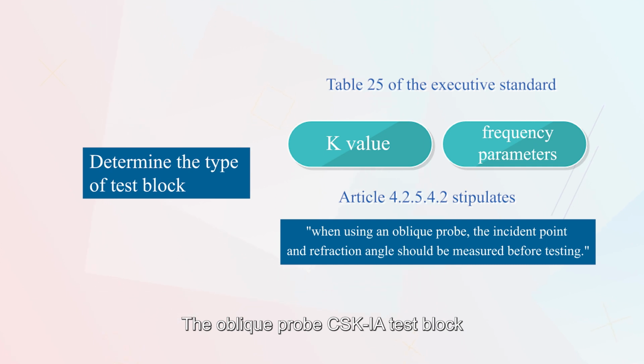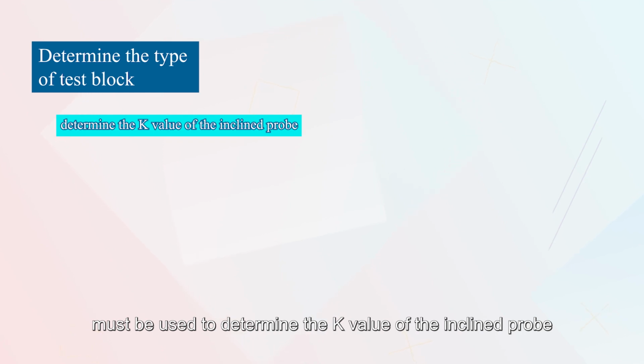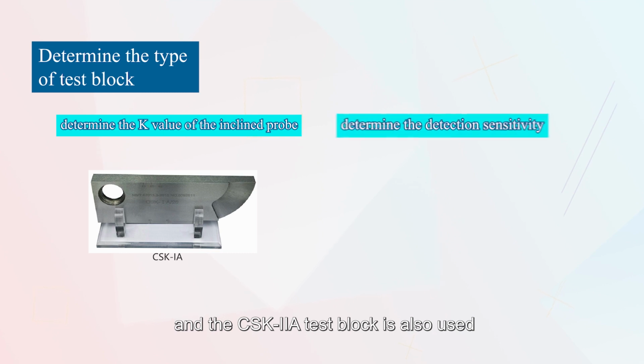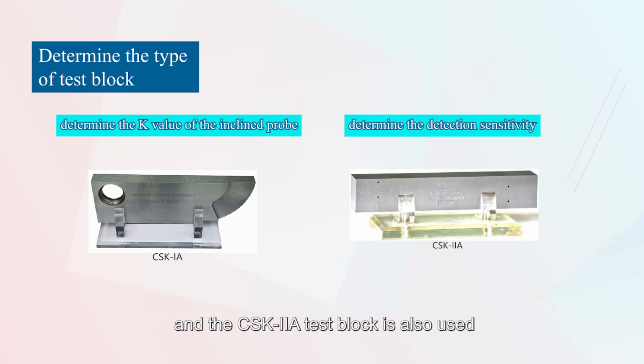The CSK-IA test block must be used to determine the K value of the inclined probe, and the CSK-IIA test block is also used to determine the detection sensitivity.